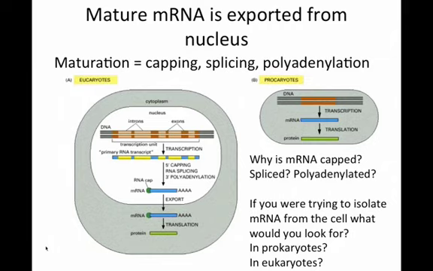What would you look for? What would you develop? Do you want to talk? Let's talk to our friends for a minute. So you all know the person you're sitting next to. So talk to each other for a minute and come up with a method to isolate mRNA from eukaryotic and prokaryotic cells. You got about 2 minutes. Come up with your business plan.